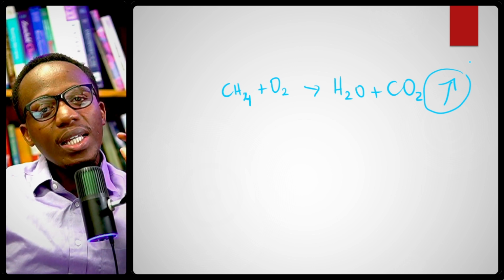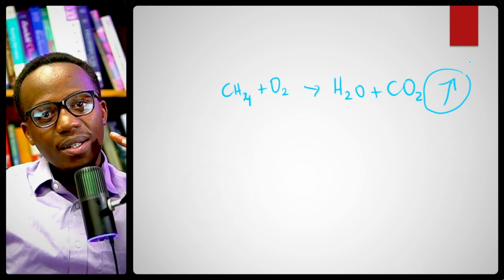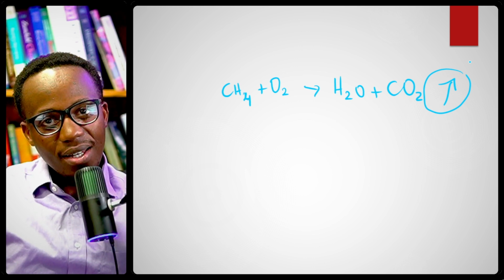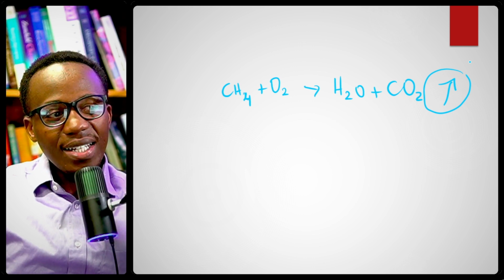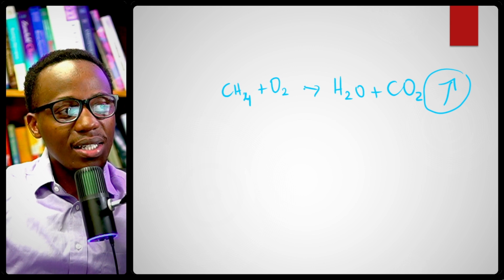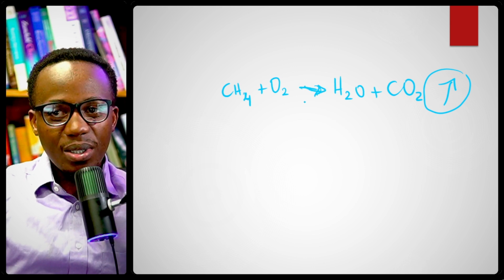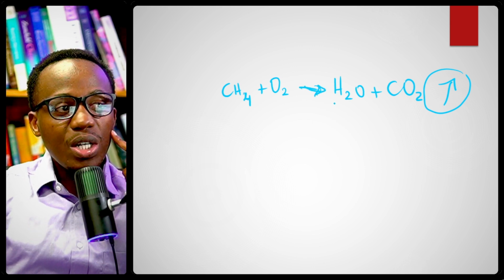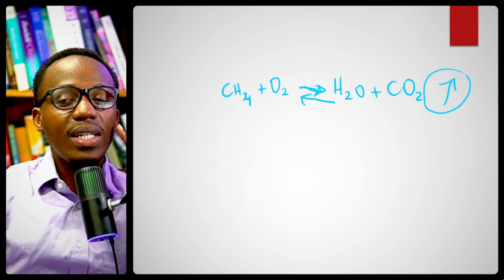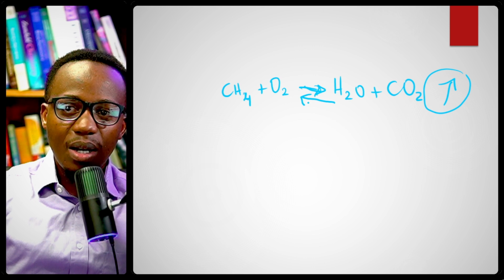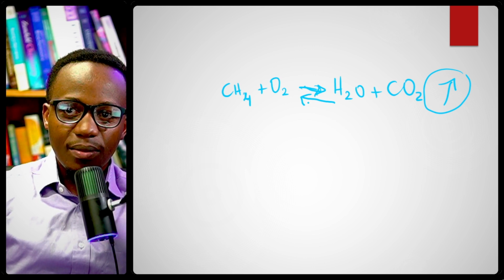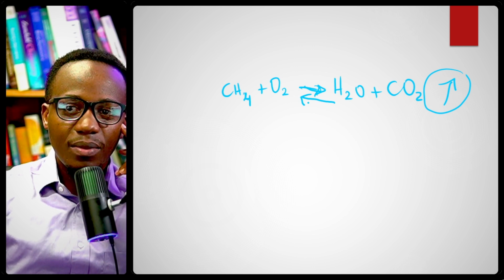If it already gives off heat, and then we increase the temperature, then it's not going to keep going this way, is it? No, because then it will increase the heat. We want to reduce the heat, so it's going to go this way to reduce the heat, if it's exothermic, right? Makes sense.